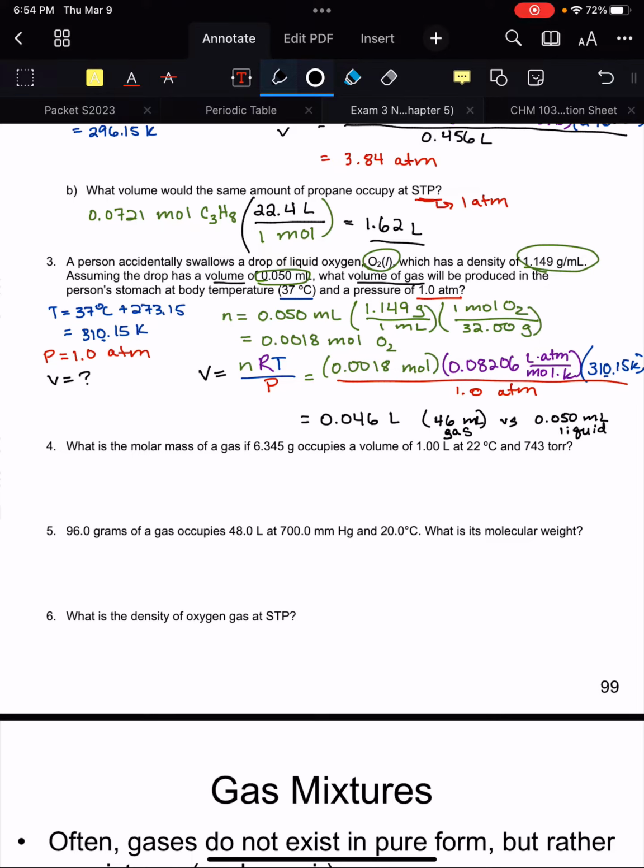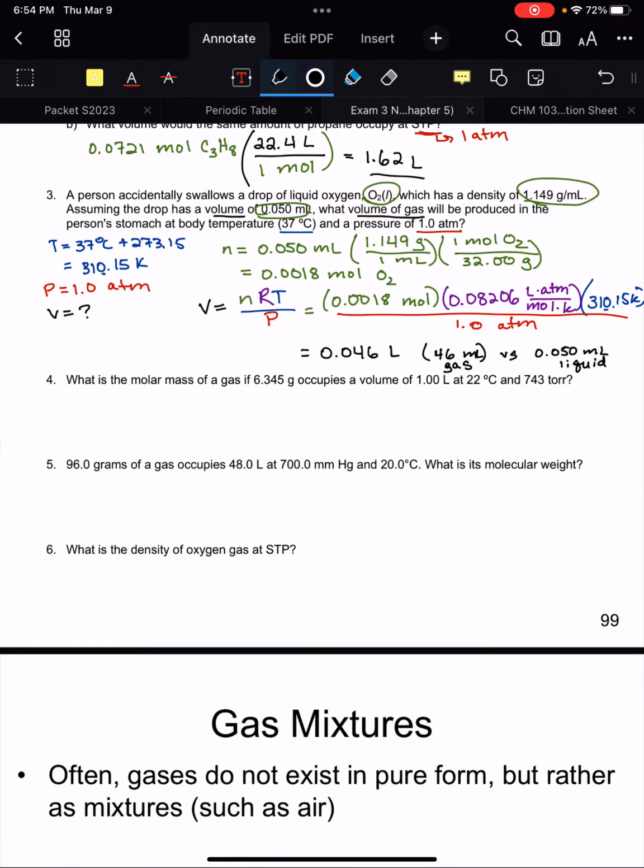And the point of this problem is to emphasize to you how different something behaves in the different states. So imagine a tiny drop of liquid expands to a much, much larger volume of gas. And that's why liquid oxygen is incredibly explosive and leads to a lot of laboratory accidents.